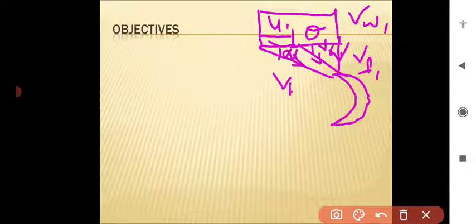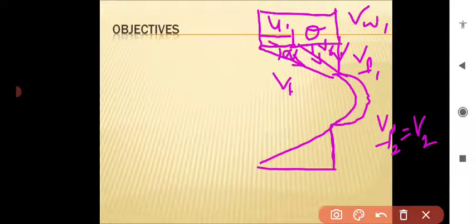Now the discharge is radial at outlet, so that beta is equal to 90 degrees. Here at the outlet triangle, Vf2 is equal to V2. So the flow at outlet is like this, perpendicular to this. Here is the relative velocity, here is the horizontal component.